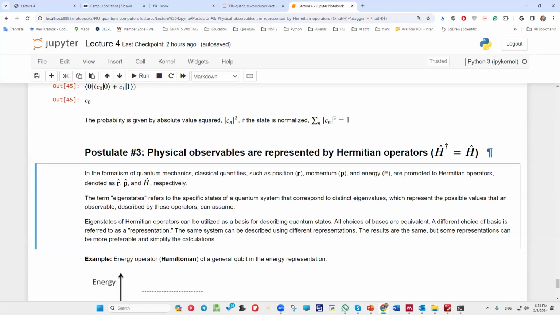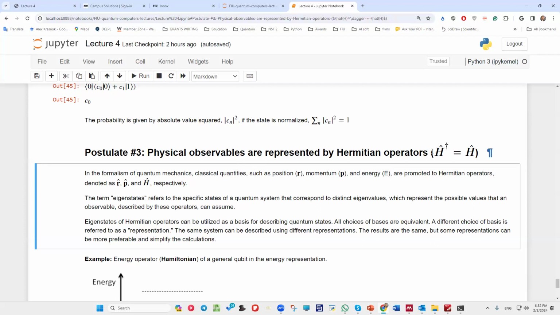And this postulate 3 basically says that the things that we measure in the lab, when we measure some quantum object, some quantum system, like a quantum computer, must be described by Hermitian operators.